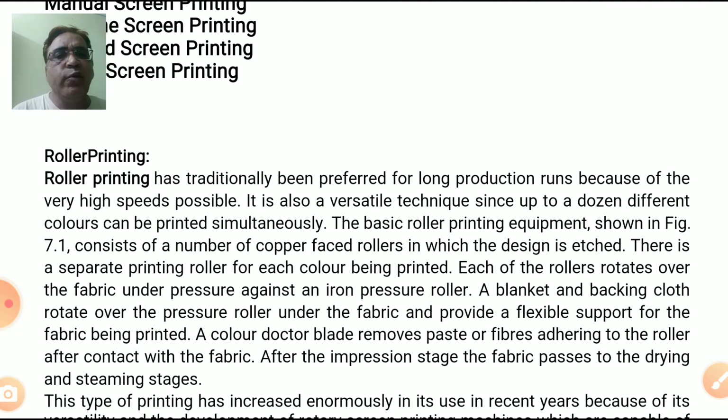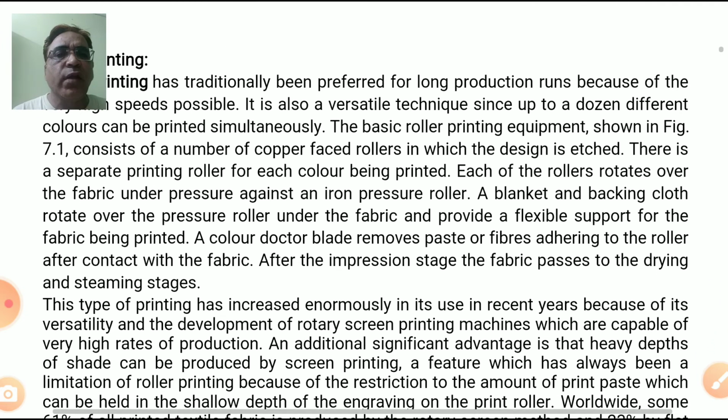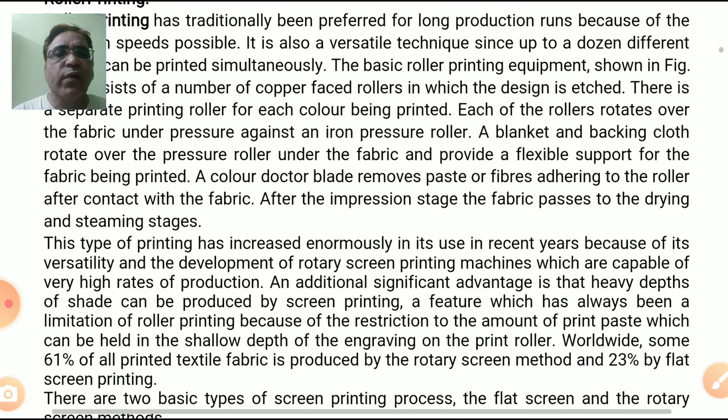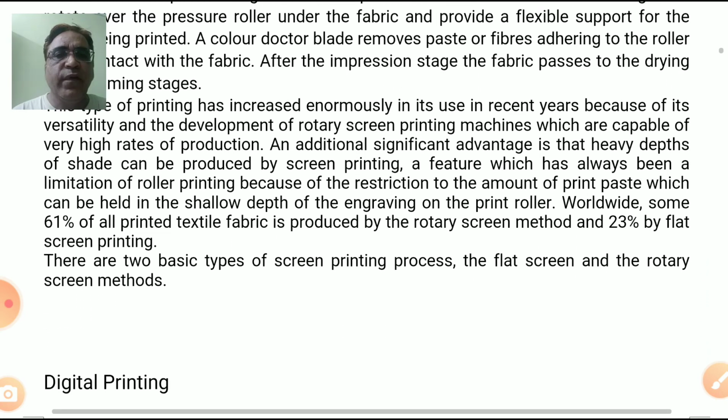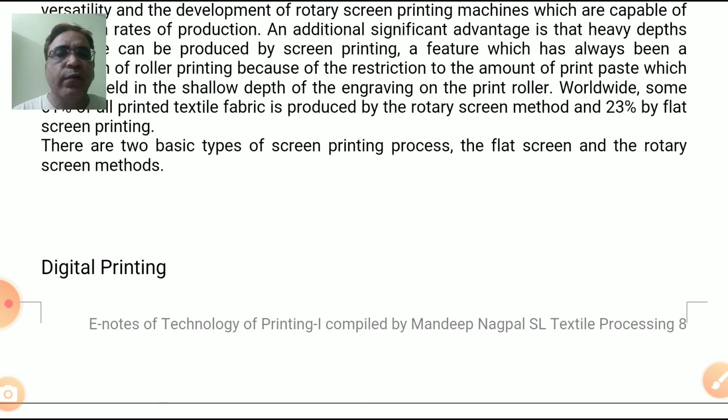So it is a continuous method of printing in which the design is made on the fabric by the impression of the design roller. We will study this method in detail in further topics.